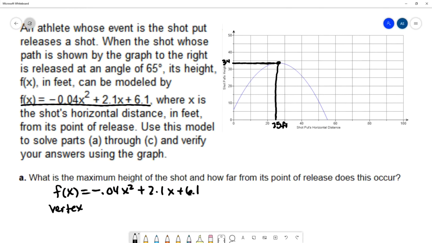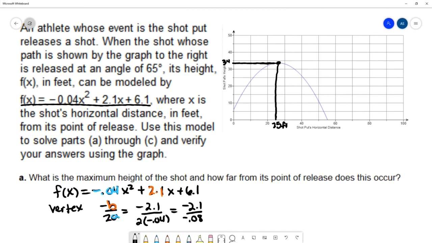The vertex formula is negative b over 2a. So b is 2.1, so we'll do negative 2.1 over 2 times a, and a is negative 0.04. So we'll do 2 times negative 0.04. That's negative 2.1 over negative 0.08.